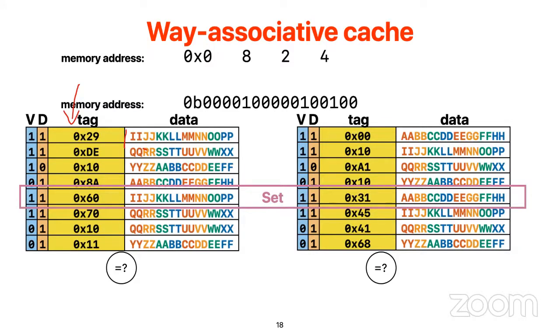In a cache, we also have a valid bit. In the last lecture, you learned that if there's a coherence miss, I will probably invalidate the data, meaning that the data here is not trustworthy. And there's also a dirty bit, meaning that my data has been modified, so I am the only one who has the content.